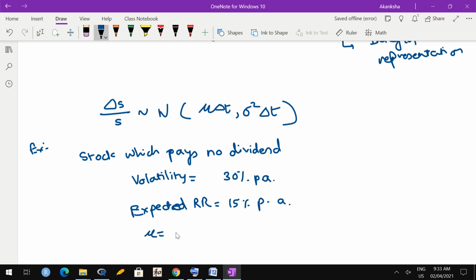So in our notation, mu is 0.15 and sigma is 0.3. Sigma, not sigma squared. That is important.